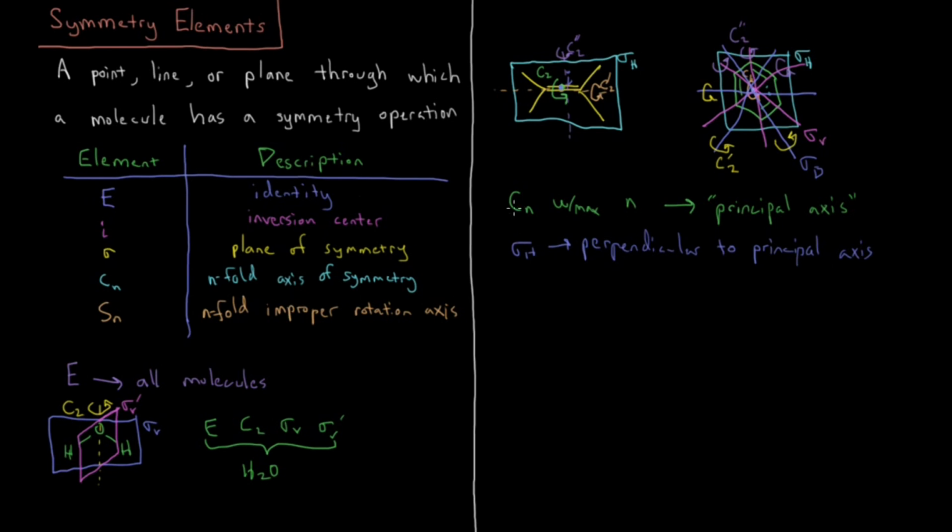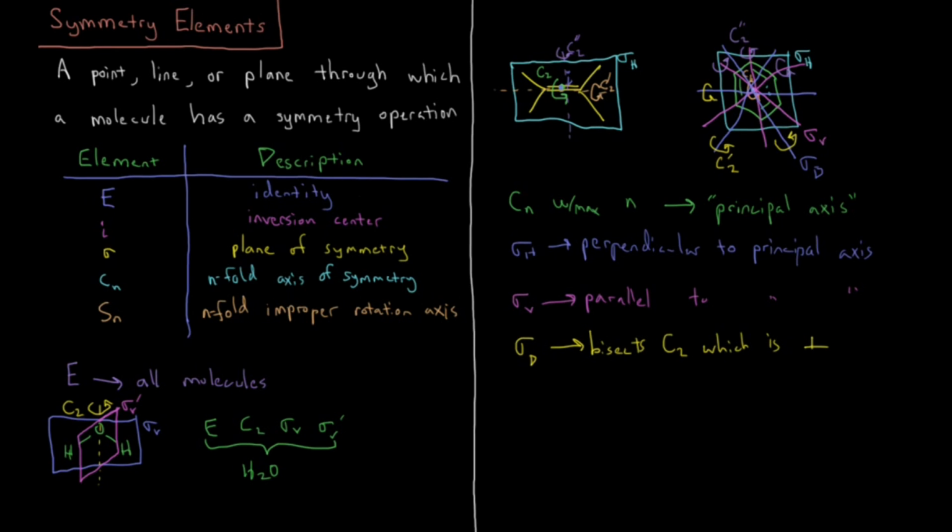Okay, and we have sigma v, which is parallel to the principal axis. And the last one I described, which is kind of the most confusing one, which is sigma d, which bisects the C2, which is perpendicular.